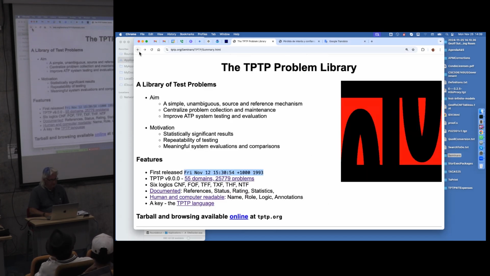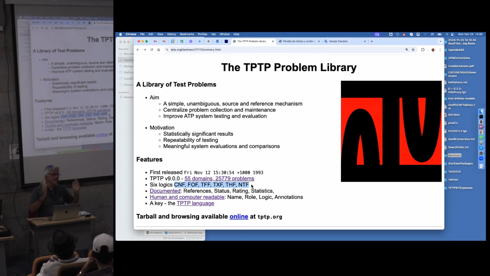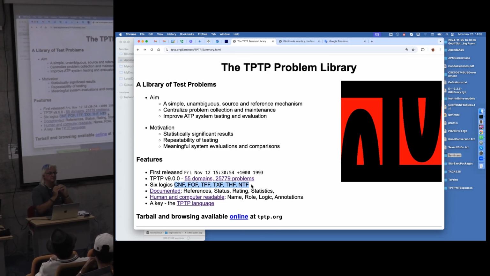So we have problems in lots of parts. And what's interesting, we have different logics. So we start with very simple logic, then it gets more complicated, more complicated, more complicated. We need complicated logic because the world is complicated. The world is not simple. So we use complicated logics for complicated things, simple logics for simple things.